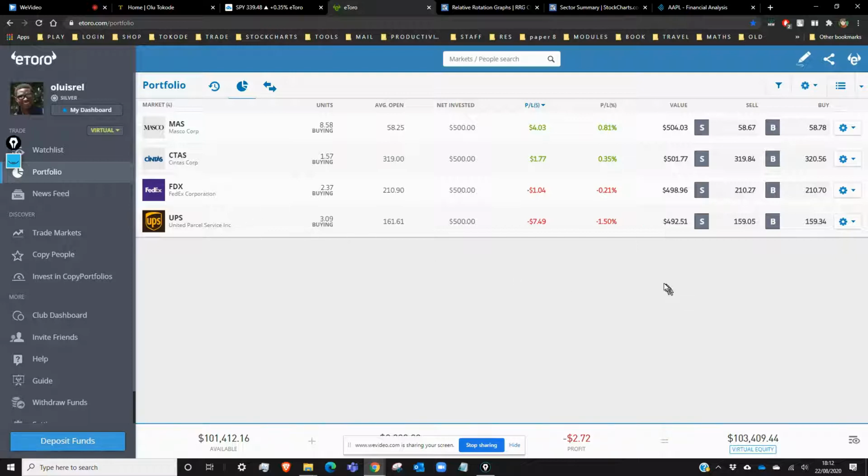The portfolio is not doing too bad. -$2 loss. That's okay, considering the amount that was invested. So $2,000 was invested. My PL is just -$2, so that's okay. That's not bad.